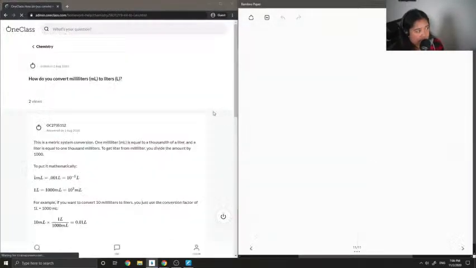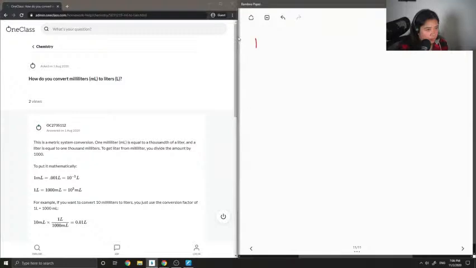Now let's move on to question number 11. This is kind of similar where you just want to use all your different conversion factors. How do you convert milliliters to liters? So in 1 liter, there are 1,000 milliliters.